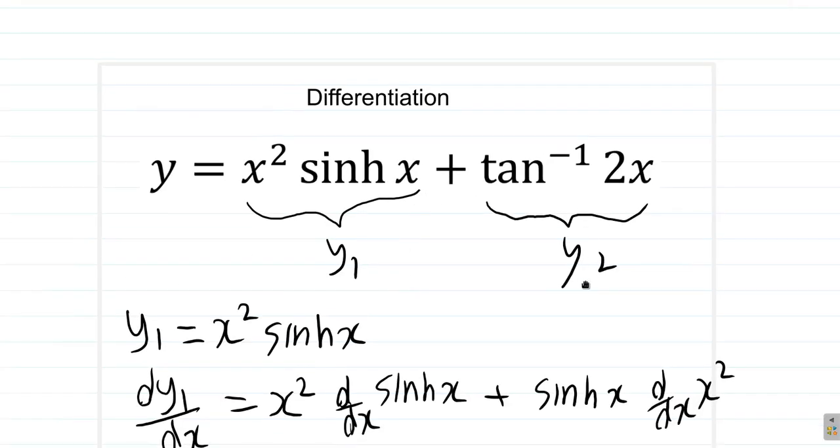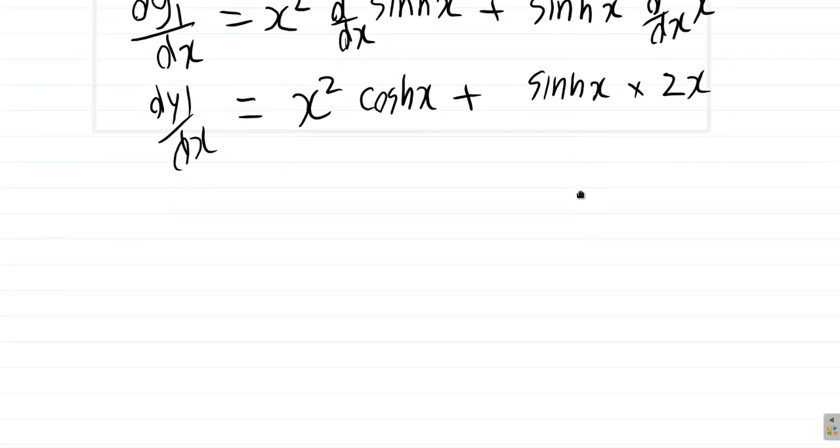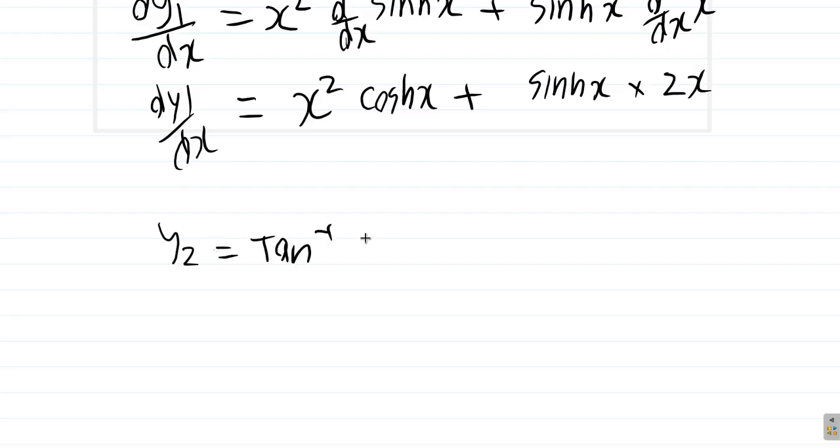Let's deal with this part now. y2. y2 is tan inverse of 2x. Now, let's find the derivative of y2 with respect to x. Okay, hold on. It's a function of a function.